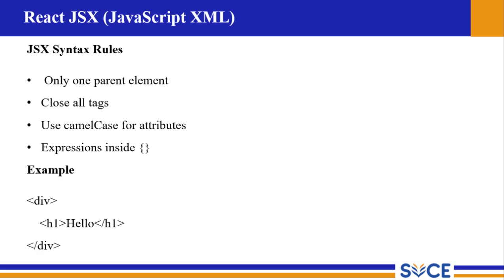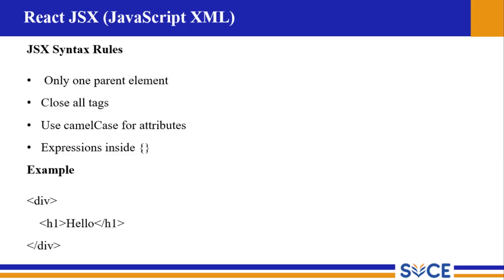Now that we have understood what JSX is and how it helps us write React applications more easily, let us learn about the syntax rules of JSX. These rules are extremely important because JSX is not exactly the same as HTML.